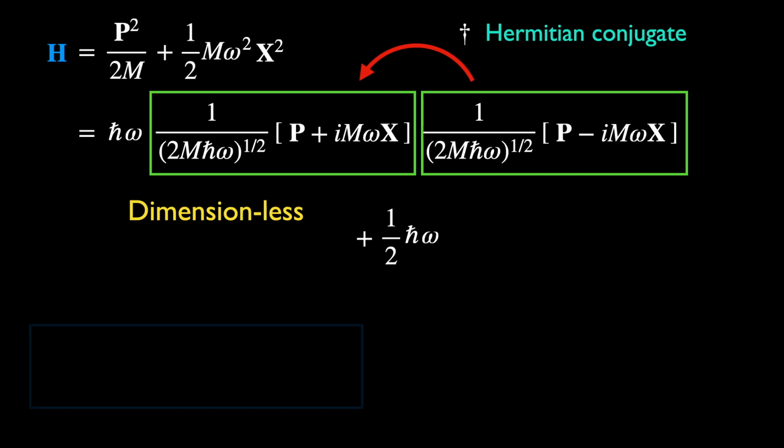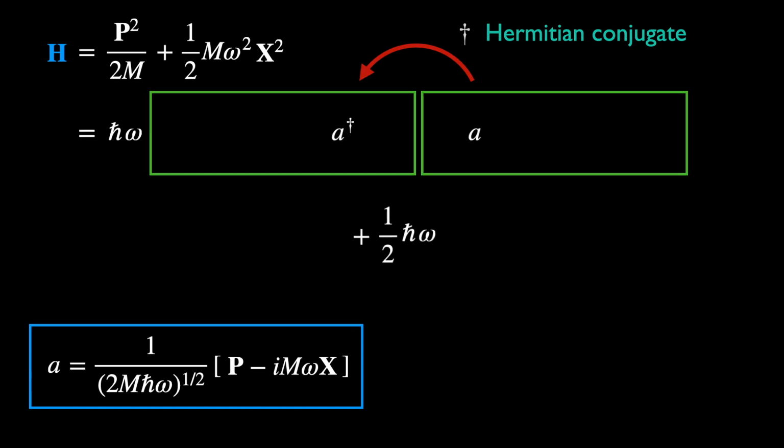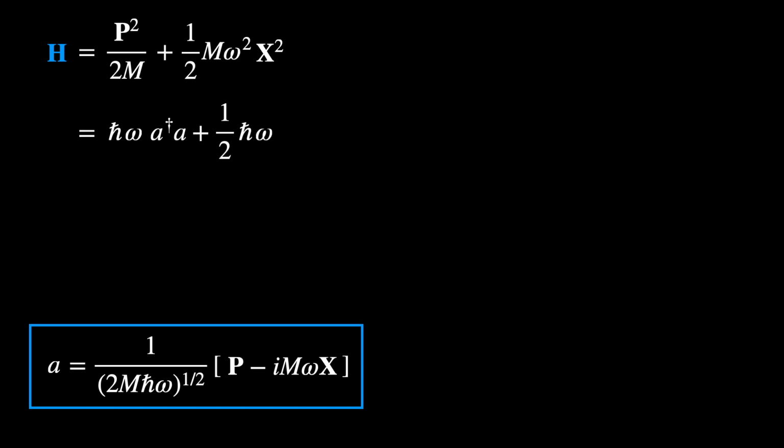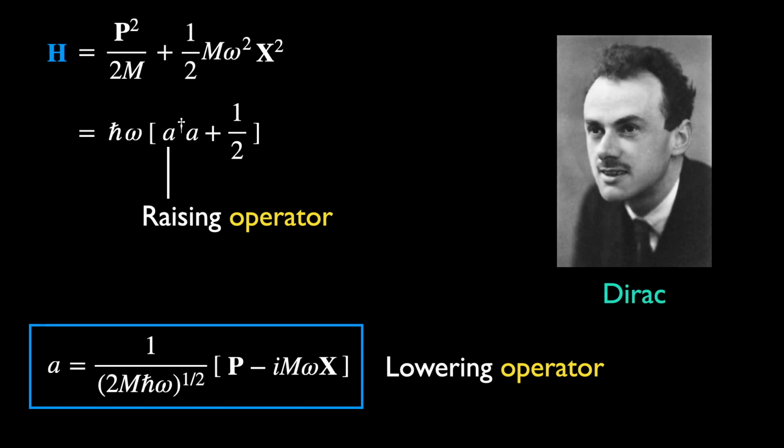These are called ladder operators, which we shall explain in a moment. A is known as the lowering operator, and A dagger the raising operator. This formalism is yet another clever idea conceived by Dirac.